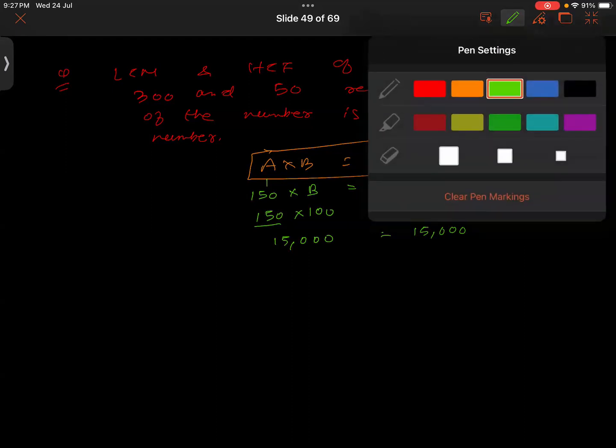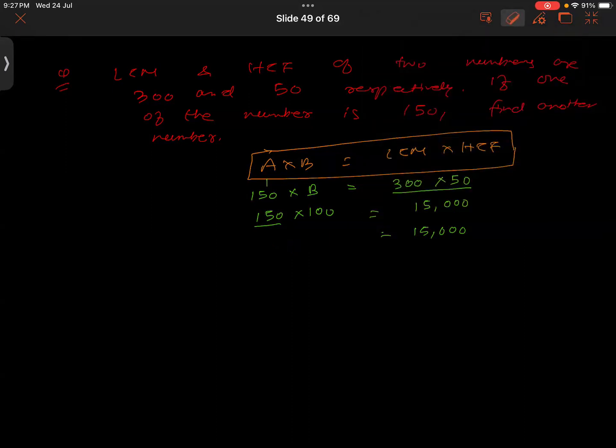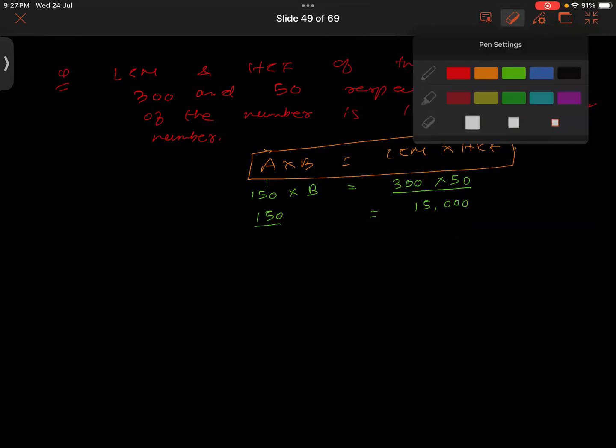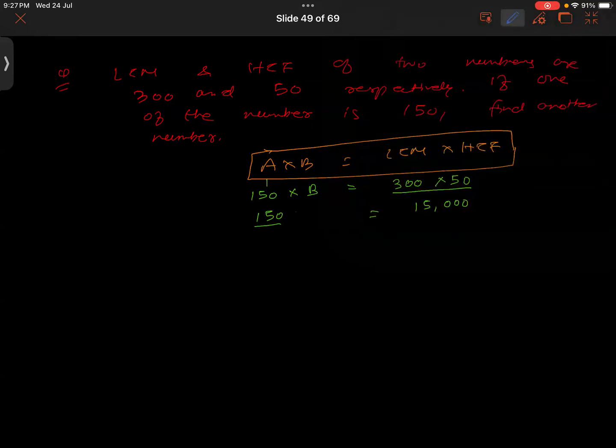Okay, see where you have made the mistake. Point out your mistake. Look at this solution first. I have done like 50 divided by 1. No, the order of operations you have done was incorrect, I think.